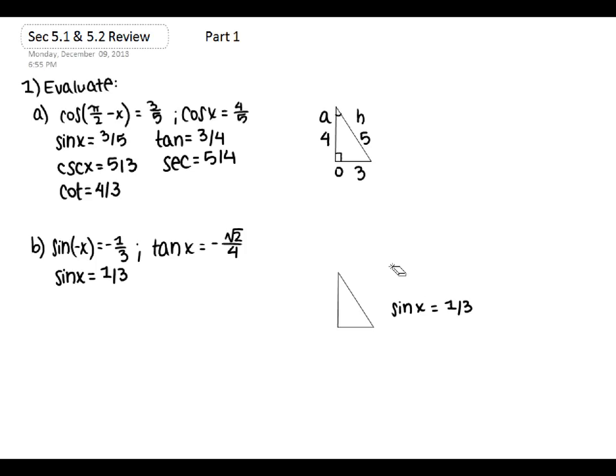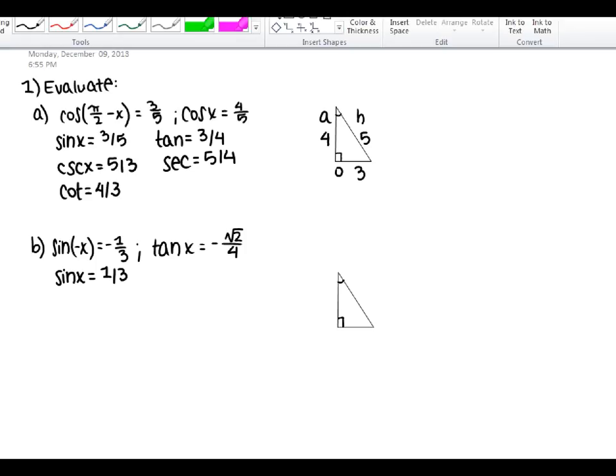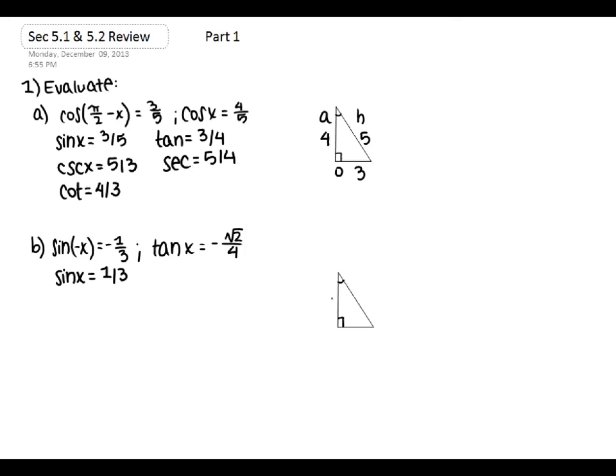Okay, now I'm going to start labeling my triangle, and I'm going to do it just like the one above for clarity. Okay, so I have to label this as above, so adjacent to the angle, opposite from the angle, and the hypotenuse.